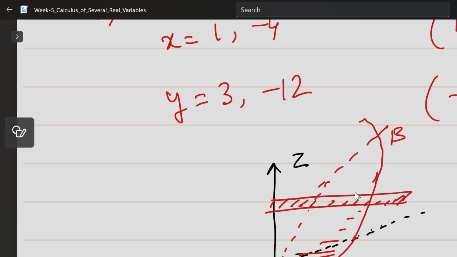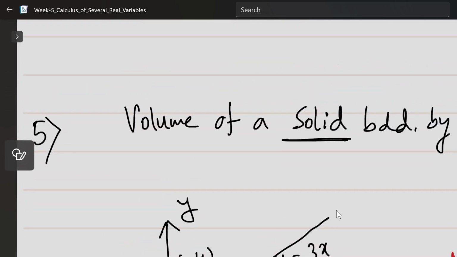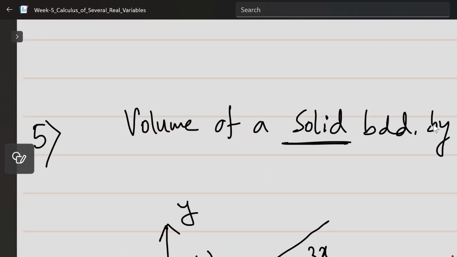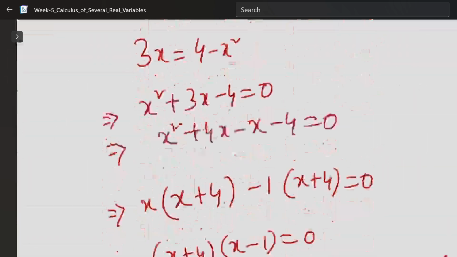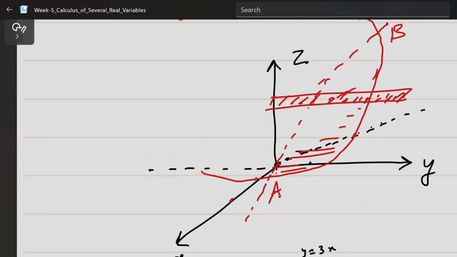So the graph is quite tedious, but you have to visualize, because you have to find the volume of the solid which is bounded by all these three things. So it is looking like this type of thing, this region.